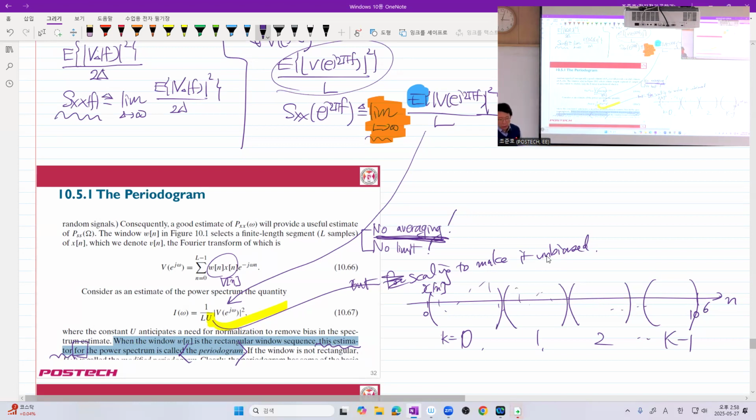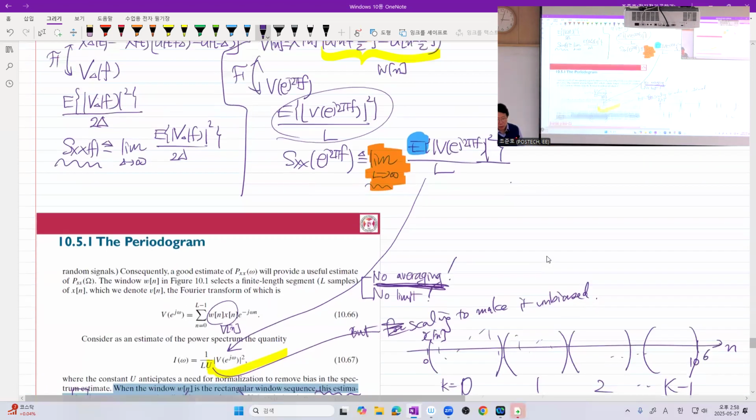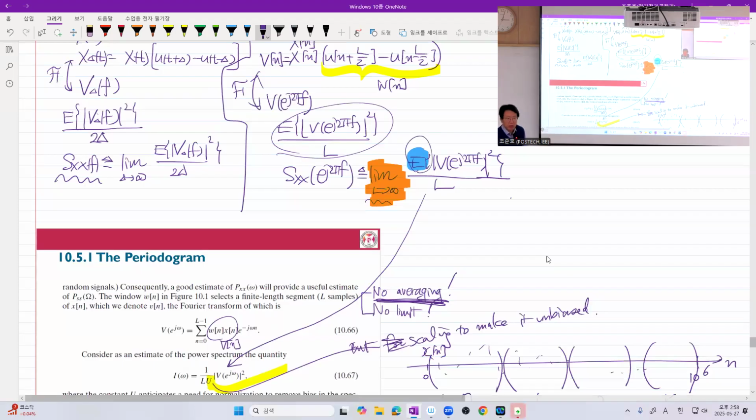In that case, as far as we have stationarity, and actually ergodicity, not only the stationarity, but also ergodicity, then we may replace this statistical average with an arithmetic average.